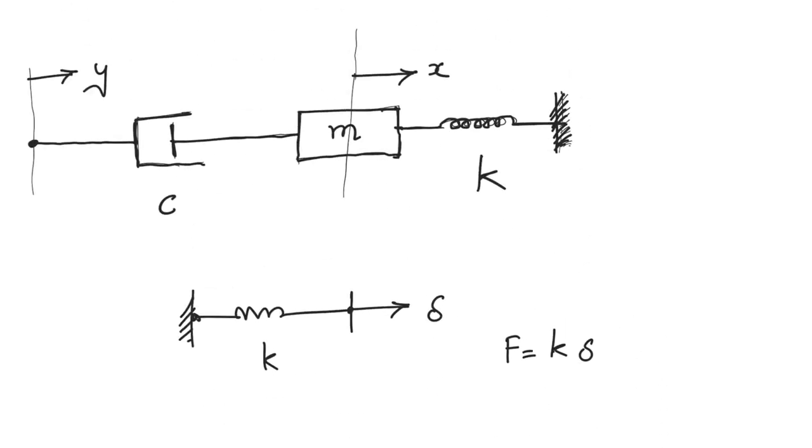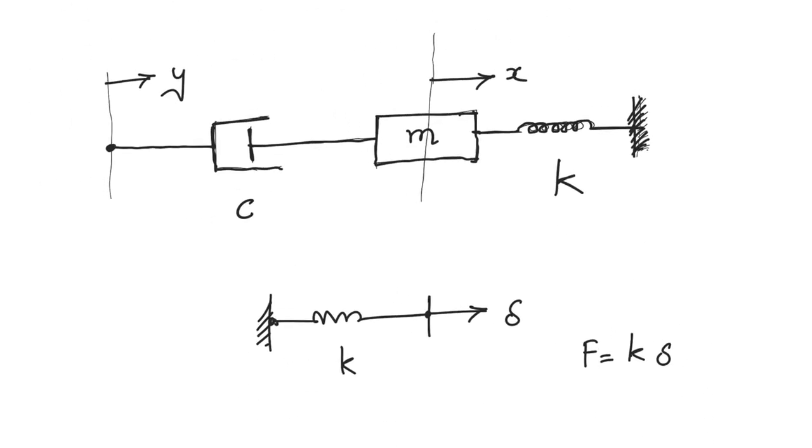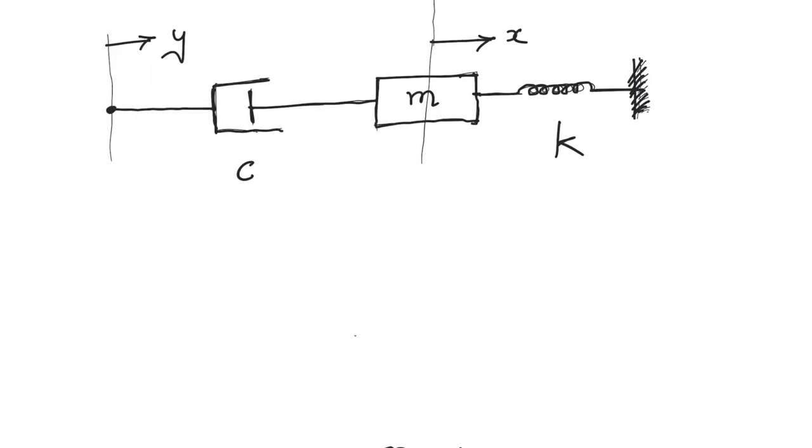Okay, so enough with the theory. Now, having seen all this, it's time to apply whatever we have just seen in this particular problem. So let's go ahead and draw the free body diagram of this little mass over here. Before that, what will be the force in the damper?